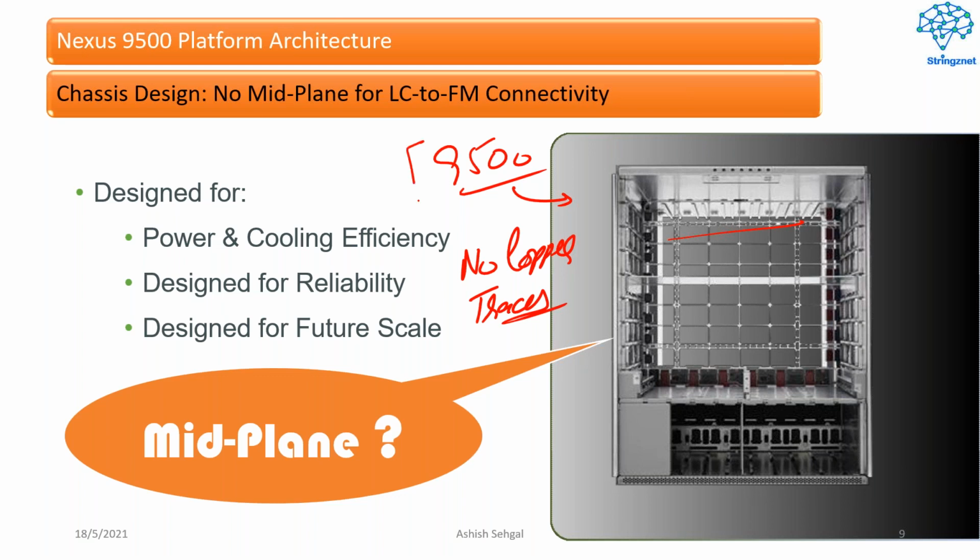Cisco in Nexus 9500 series chassis says the chassis is absolutely a blank chassis. The line cards are socketed together by virtue of the fabric modules, and by virtue of fabric module only, the line cards get connected to the supervisor engines placed at the last slot. So guys, that's the reason.